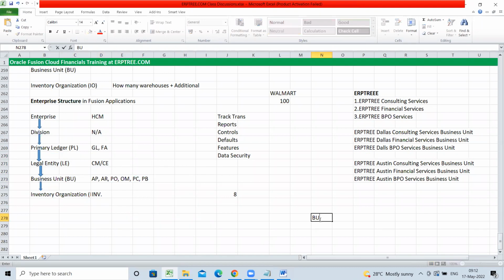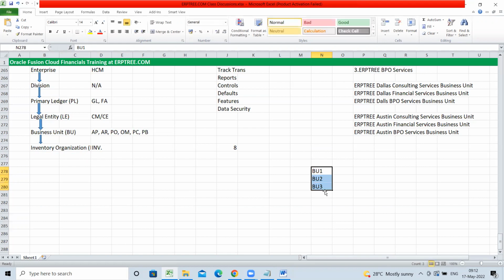It's all about assigning. Say you have BU1, business unit 2, business unit 3. This is how you have multiple business units. Say they have 8 business units, meaning 8 branches. Now you will create one bank account.